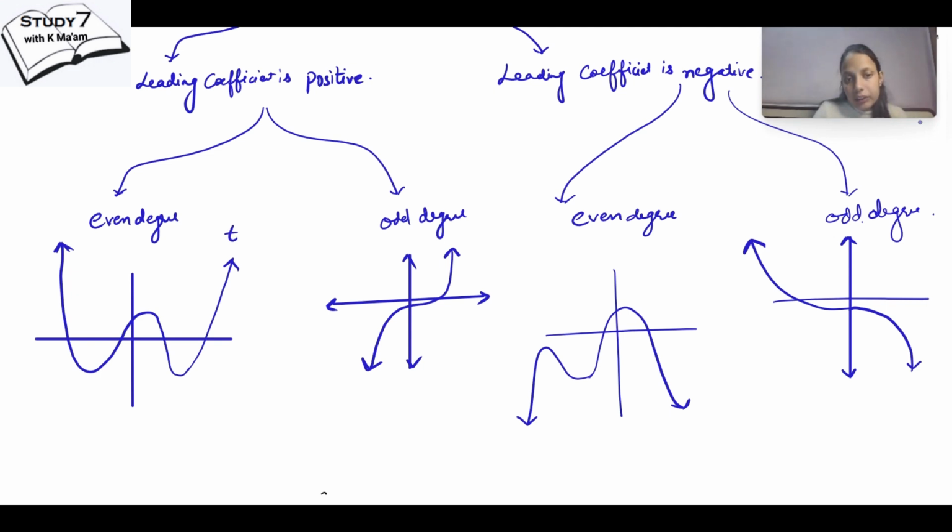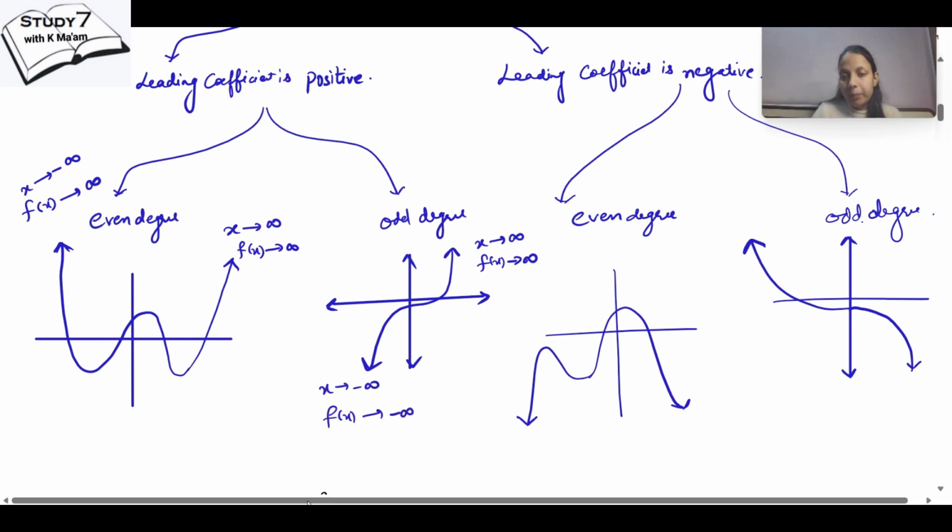If t approaches infinity, instead of t let's use x approaching infinity. When x approaches positive infinity, the function also goes to positive infinity. If x approaches negative infinity, the function goes to negative infinity. Similarly, you can try to write for this.